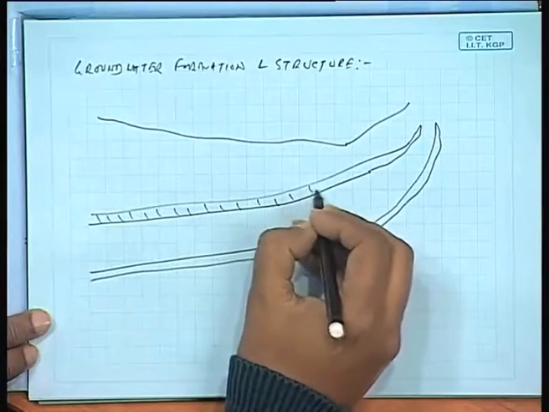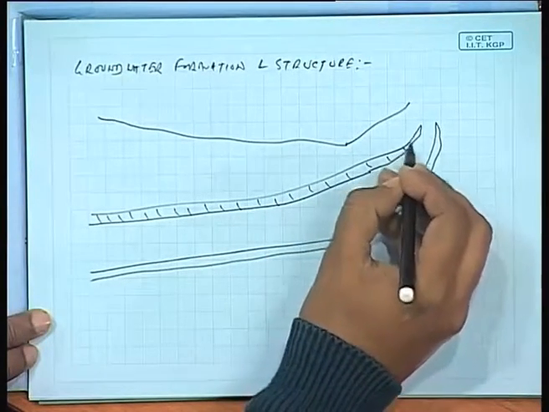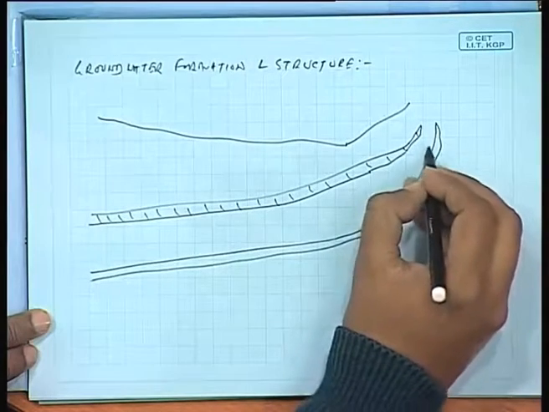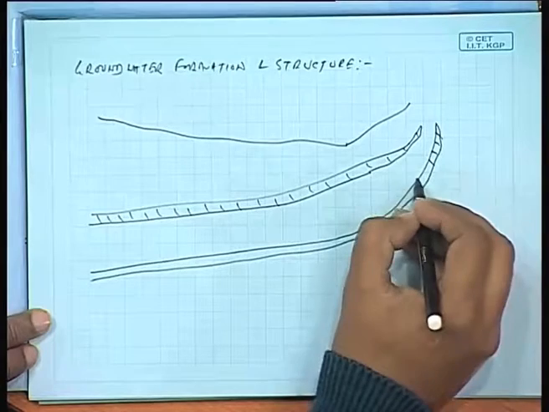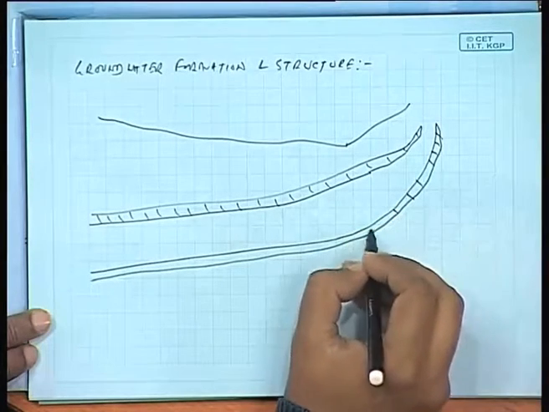These are two impervious layers of rock, and here is another impervious layer of rock.